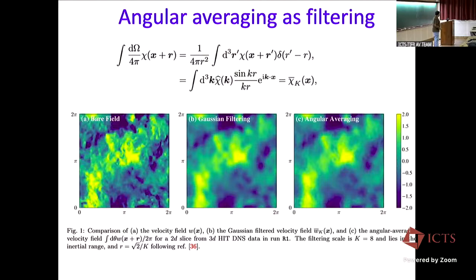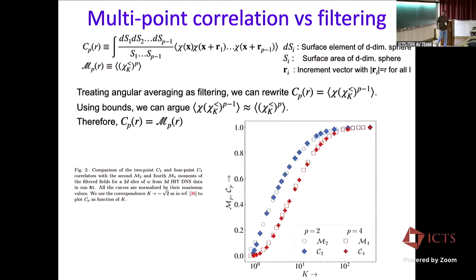Much more interestingly, what he found out was the following, that if you define p-point correlators, remember this is not 2-point, x, r1, r2, r3, all the way up to p minus 1. So if you find the correlation of p quantities, then you can rewrite these correlators in terms of a product of a filtered quantity.